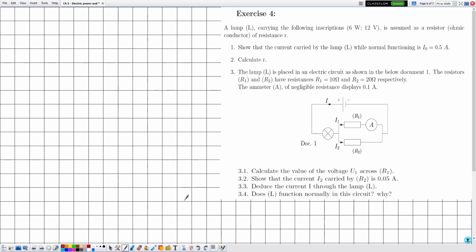And now in exercise number 4, they are telling me a lamp L carrying the following inscription: 6 watt, 12 volt, is assumed as a resistor, an ohmic conductor, of resistance R. So notice that till this moment they didn't mention anything about document 1, so we are not allowed to use it.